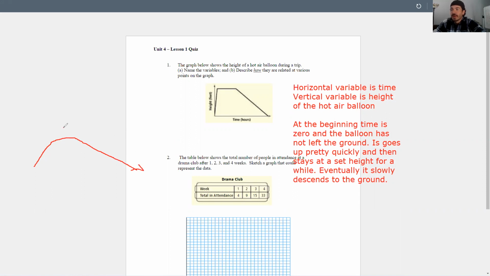The balloon is going up, up, up, and it's hanging out up here for a minute. And then it's very slowly going down. The balloon is moving perfectly vertically. There might be horizontal movement on the balloon, but that's certainly not what the graph is measuring.